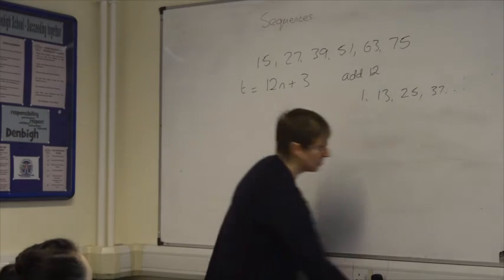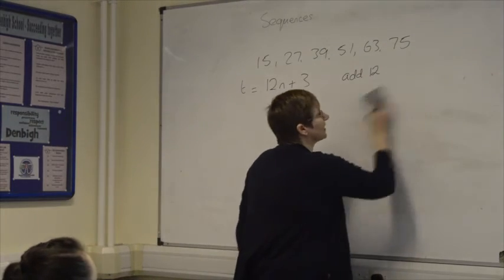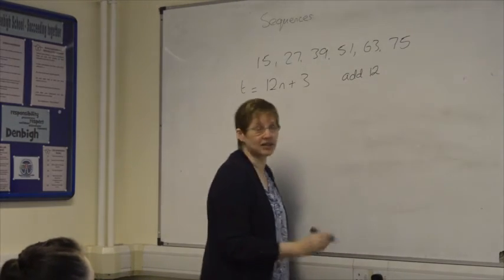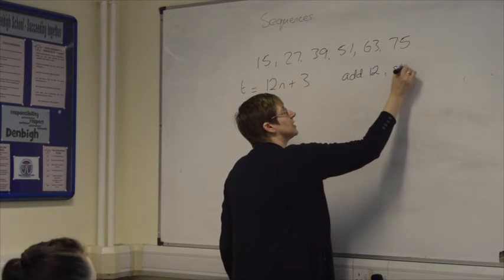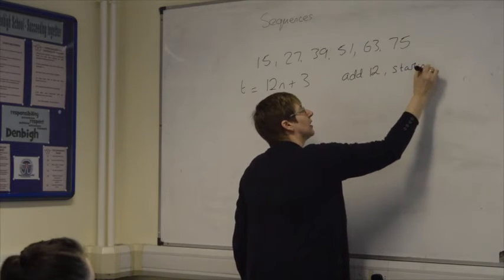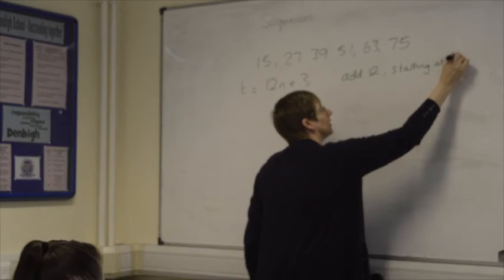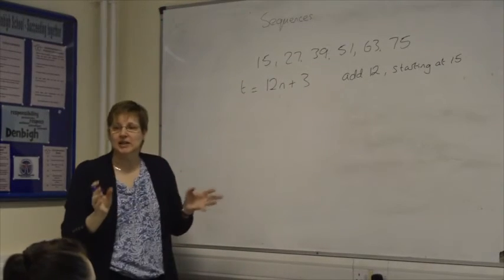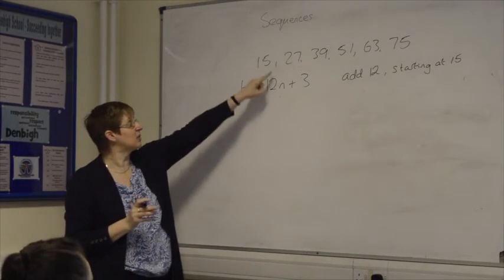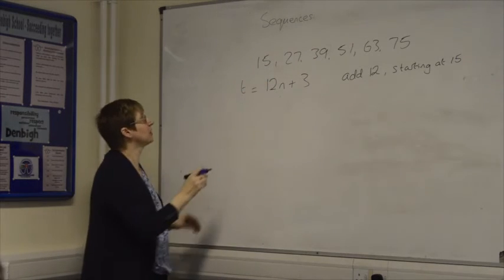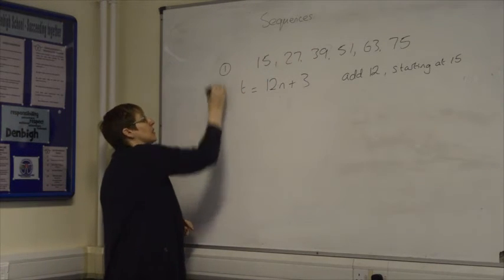Add 12 to 15. Right, yes. So I need to put the start point in, don't I? Add 12, starting at 15. Otherwise, it could be any sequence that adds 12. But that now is precisely this one. Well done, Fred, you're absolutely right. On all counts there. Good.